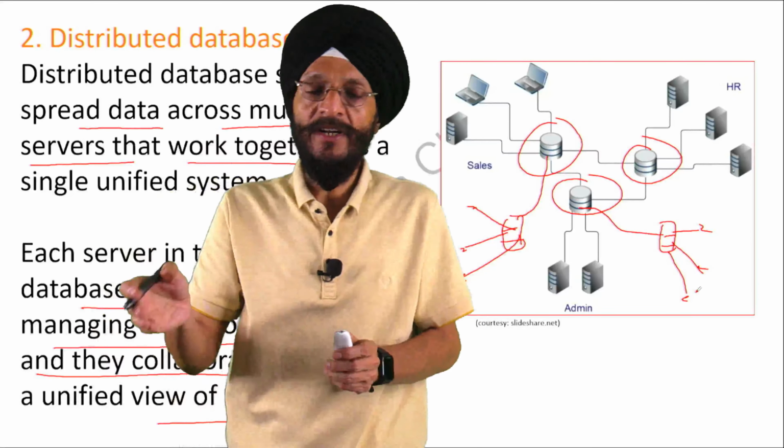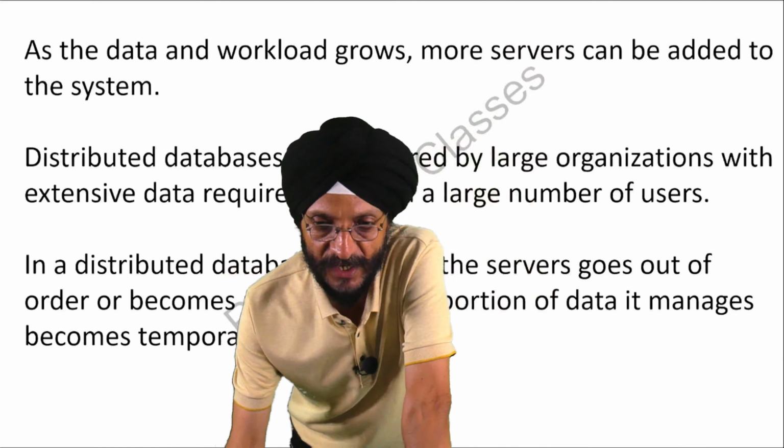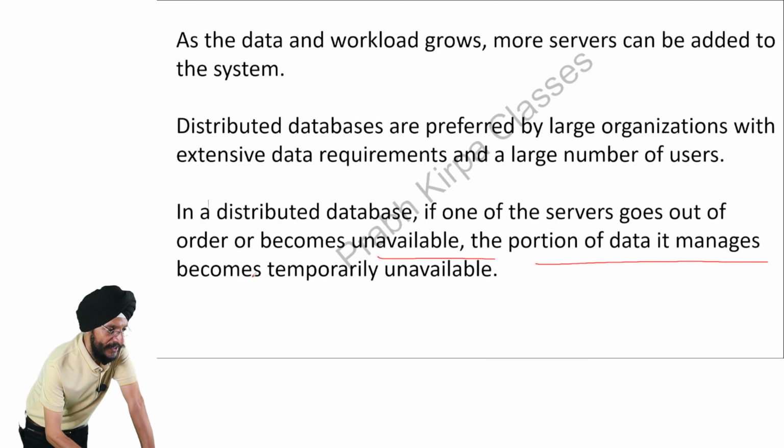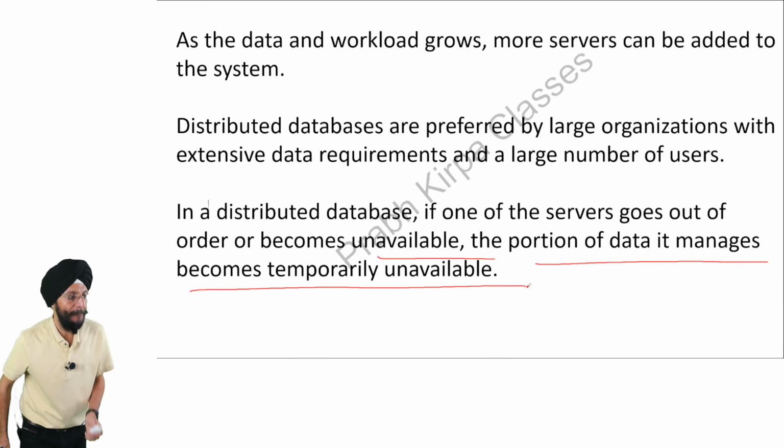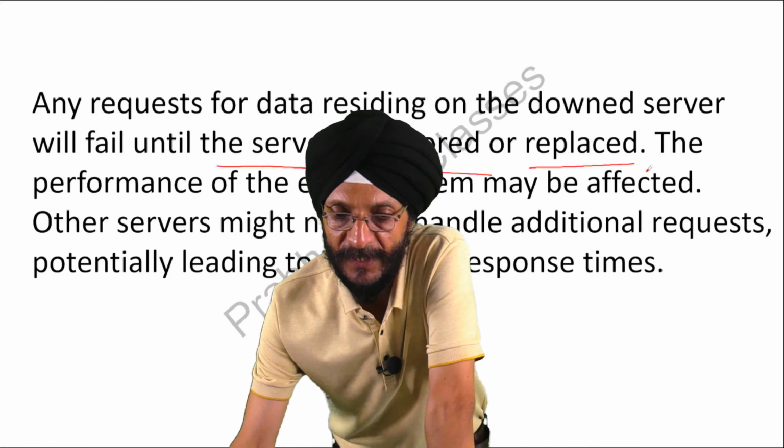In the distributed database, if one server goes out of order or becomes unavailable, the portion of the data it manages becomes temporarily unavailable. Any requests for data residing on the downed server will fail until the server is restored or replaced.